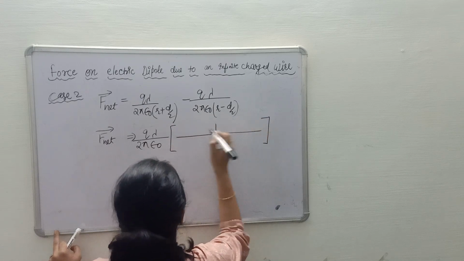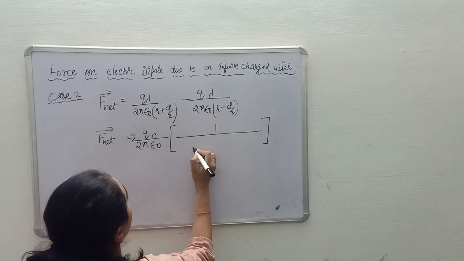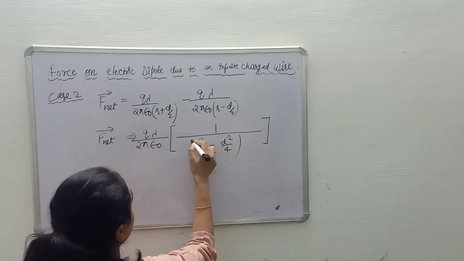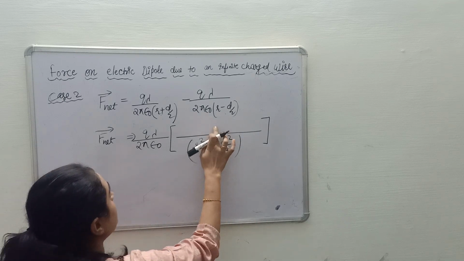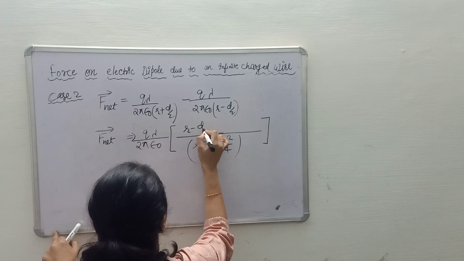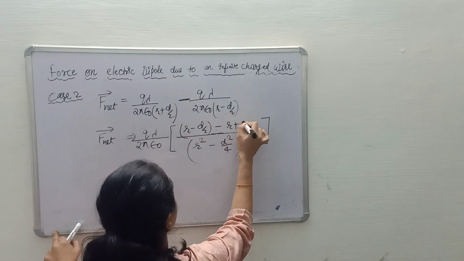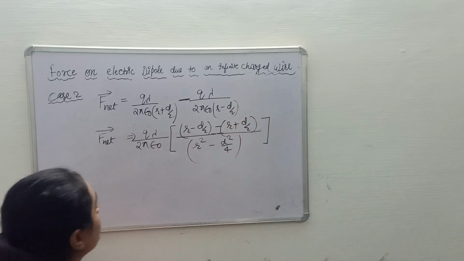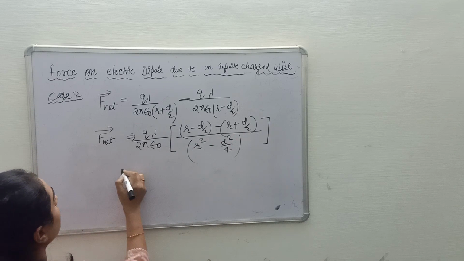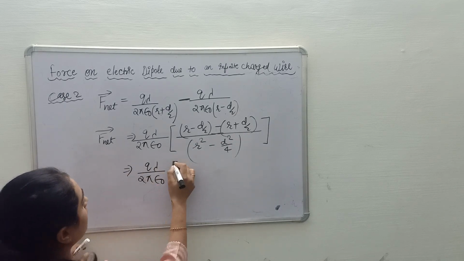1 by, take the LCM, a plus b and a minus b, it becomes a square minus b square, right? And in the numerator we will get r minus d by 2 minus r plus d by 2. Clear? So if we solve this factor, it's q lambda by 2 pi epsilon naught.